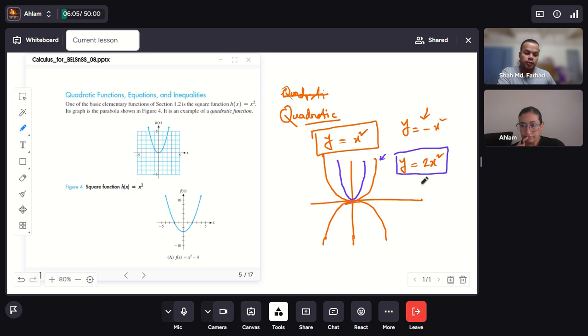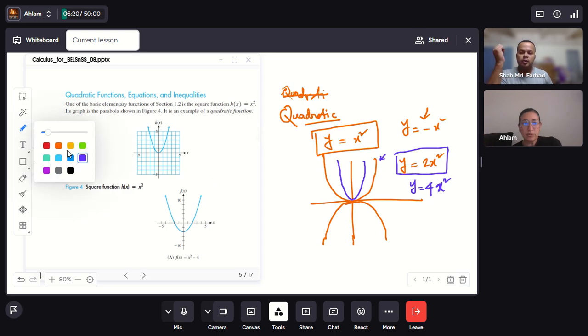And if y equals 4x square, so what will happen here? More than that, right. So it will be just like this.